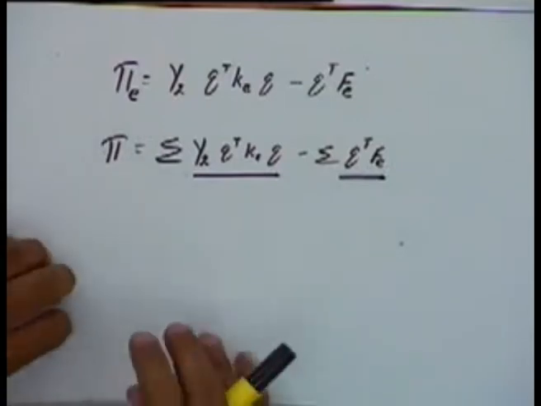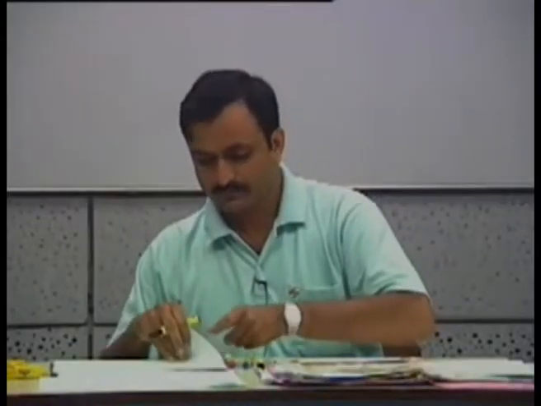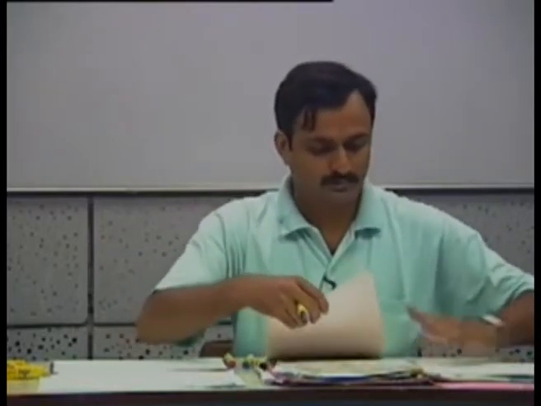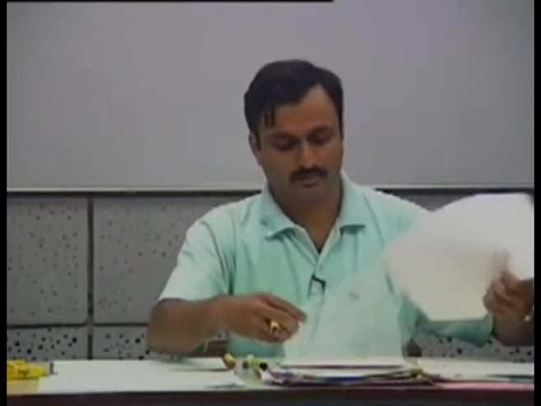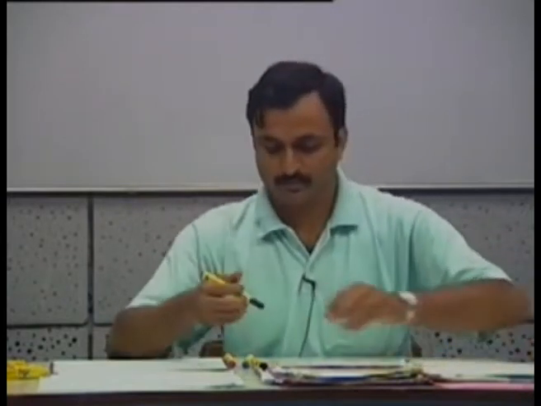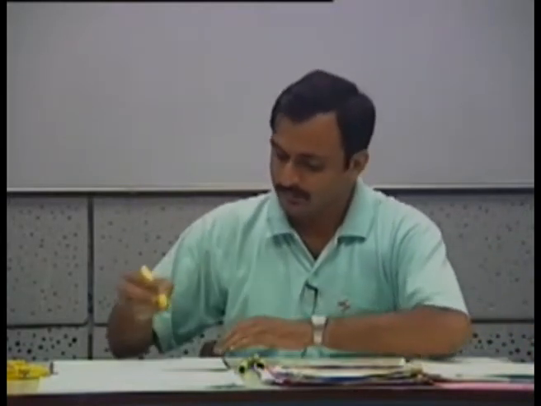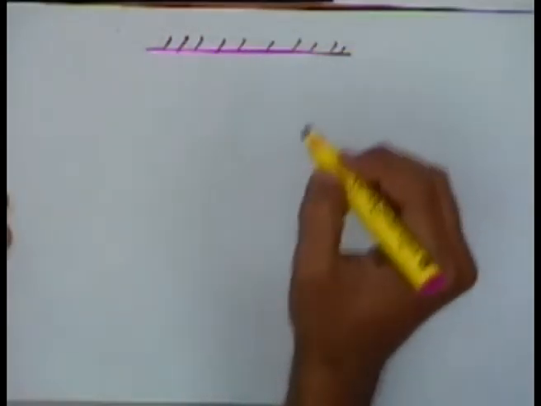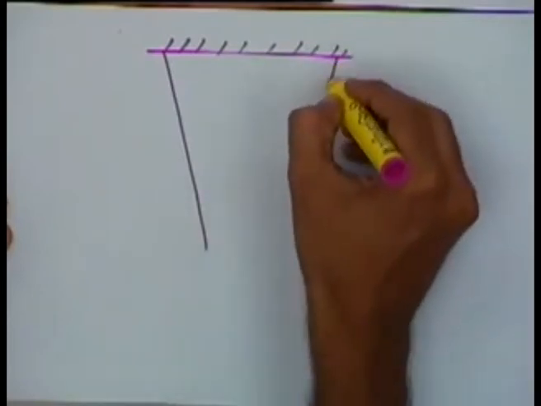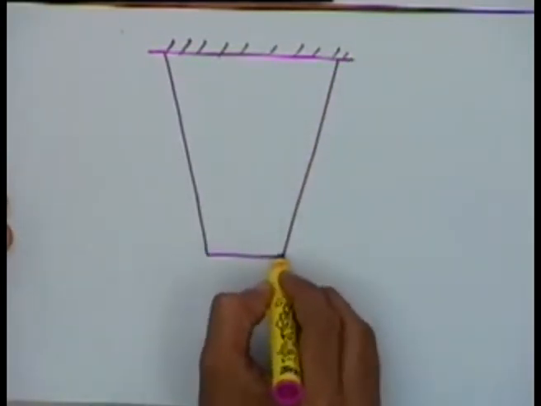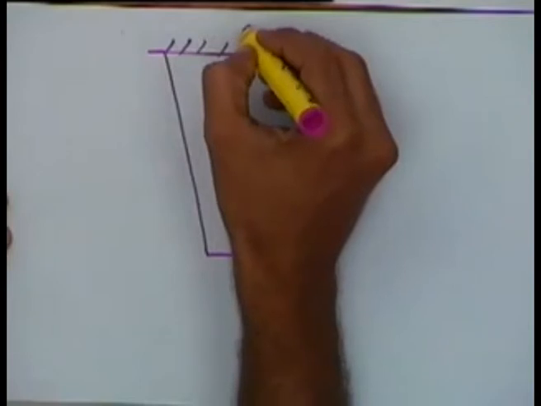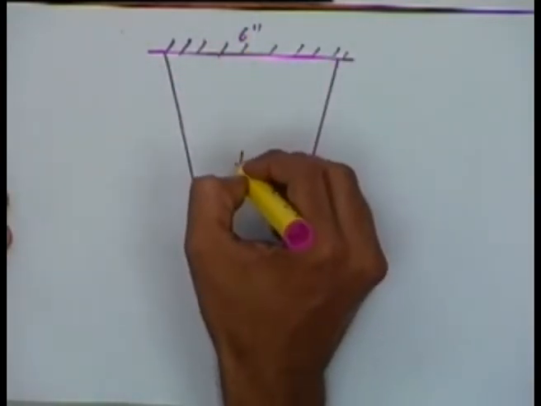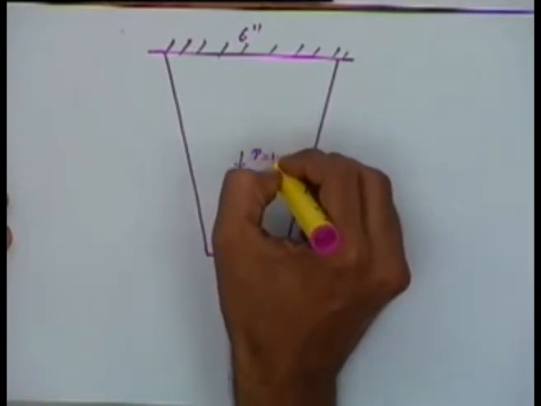Okay, so if we take a simple example, okay, let's say this width is 6 inches, at the center point is a force acting P equal to 100 units.